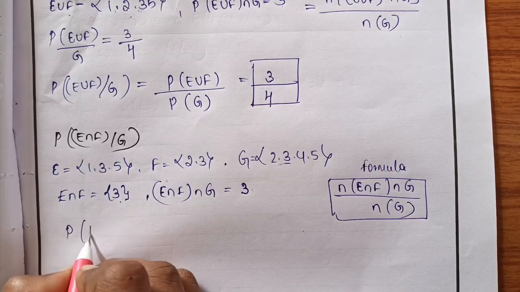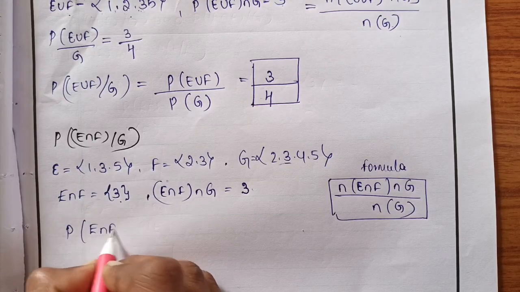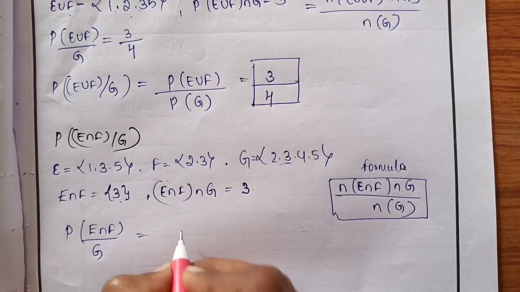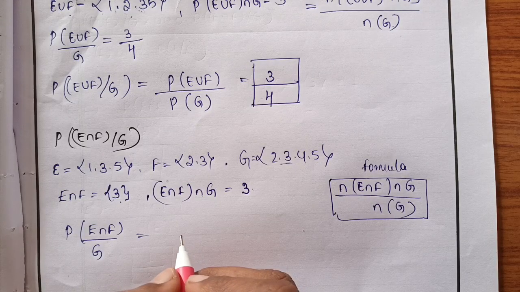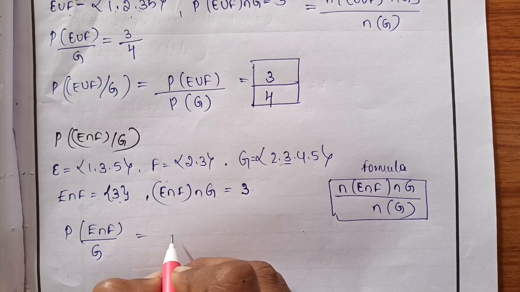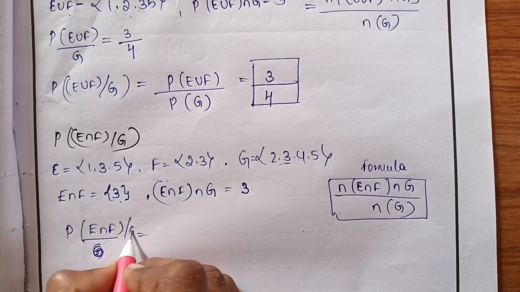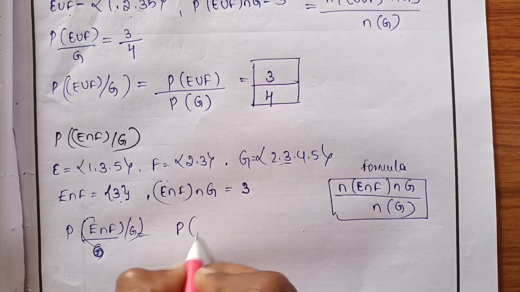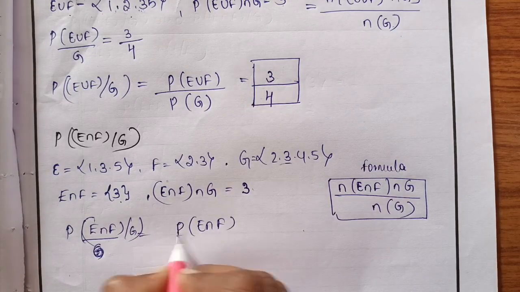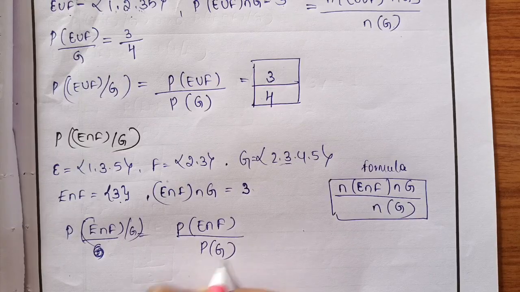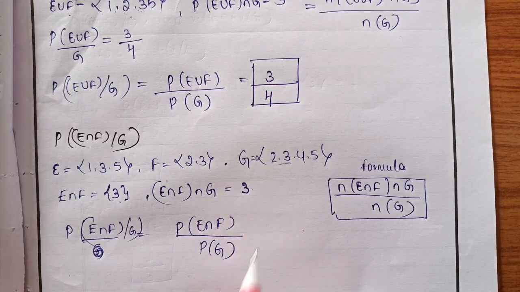We write the formula: probability of E intersection F by G equals probability of E intersection F divided by probability of G. What is the probability of E intersection F?